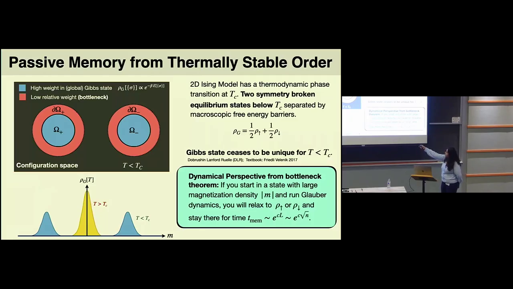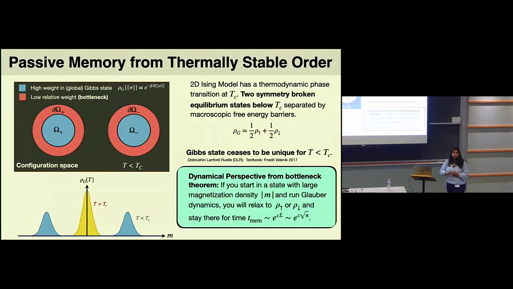These can be like large positive and large negative magnetization. Between these two components, there's a region of configuration space with very low weight separating them. These could be, for instance, states with very low magnetization.